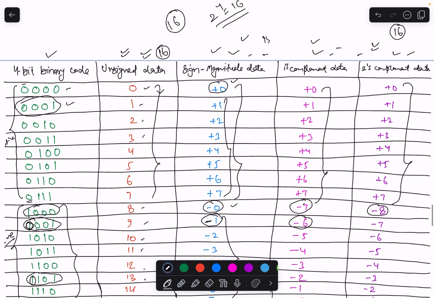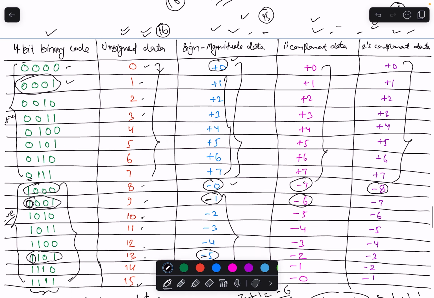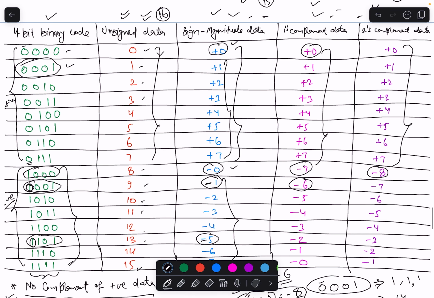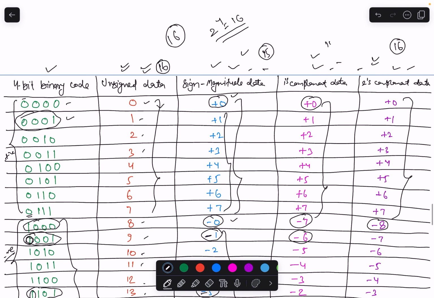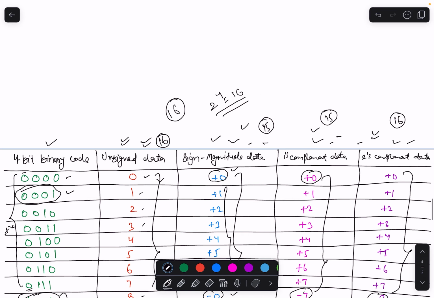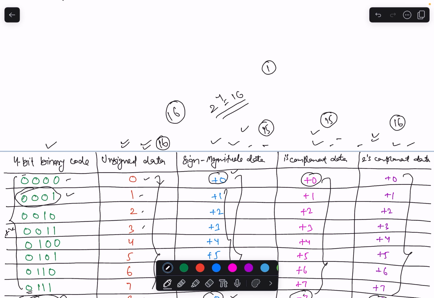So we are representing 15 numbers in sign magnitude, and similarly in ones complement we have two representations of zero, plus 0 and minus 0, so 15 numbers here. So this is the first disadvantage of sign magnitude and ones complement, that is we are representing fewer numbers. In 4 bits we can represent 16 numbers, but in these we are representing 15 numbers.